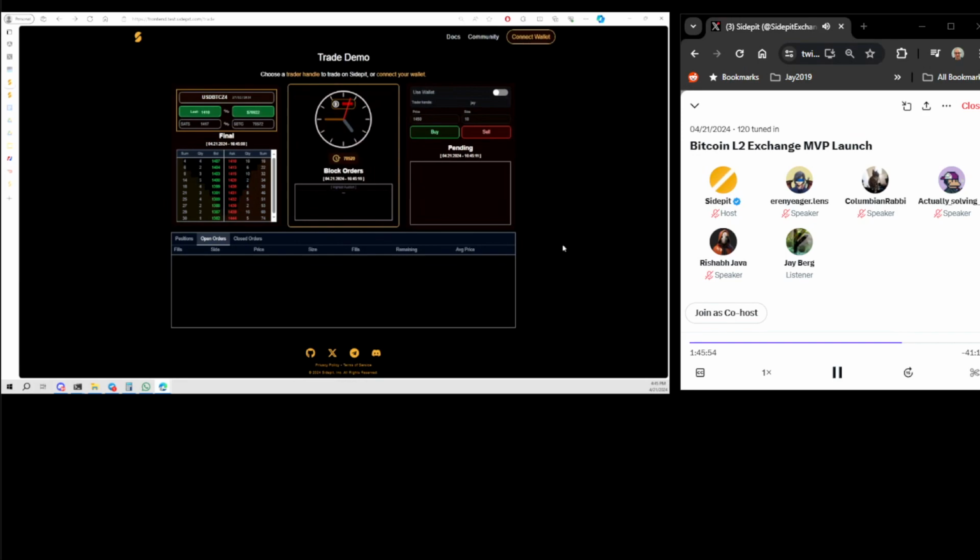We have a secondary process, a consensus mechanism that takes all the pending orders, puts them into a block, and auctions off the block. So the first second is pending, the second second is blocked, and the third second is final. And now you have the first ever fair, decentralized price of Bitcoin.